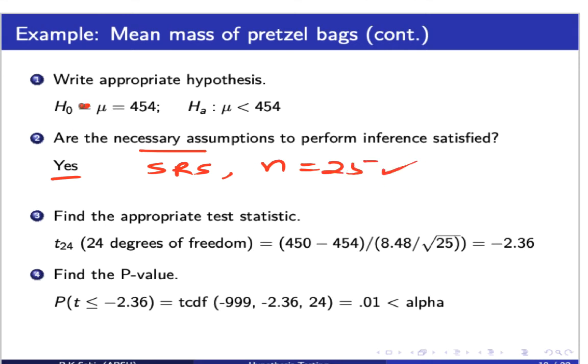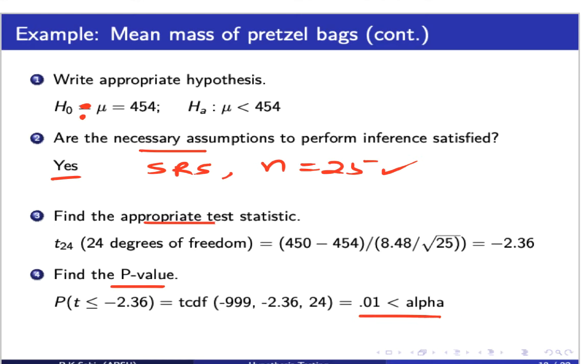So this is the null hypothesis. Remember, the null hypothesis is mean equals. It's not H0 equals, it's mean equals. And the alternative hypothesis is mean is less than. Now, to find the appropriate test statistic and p-value, you can apply this formula. And you get that the p-value is strictly less than alpha.